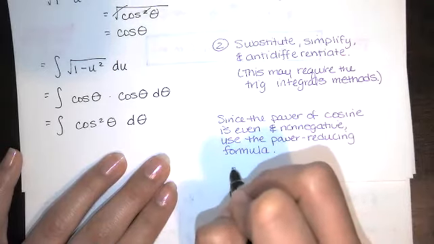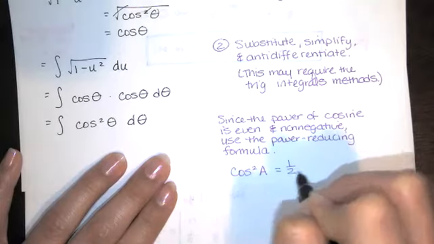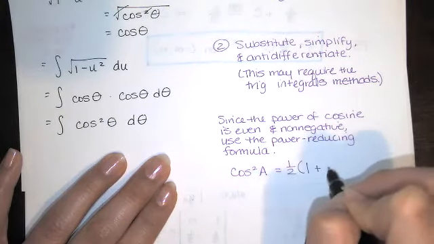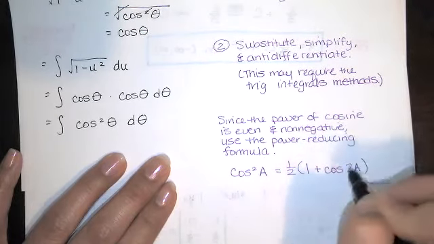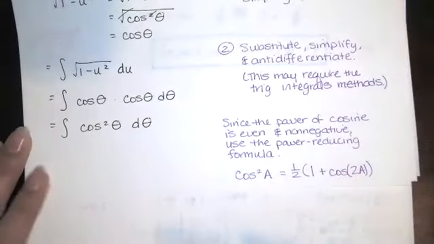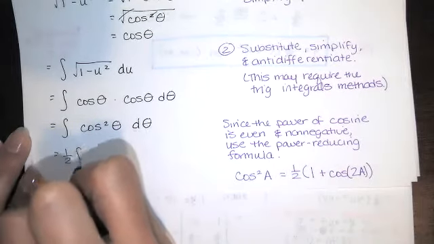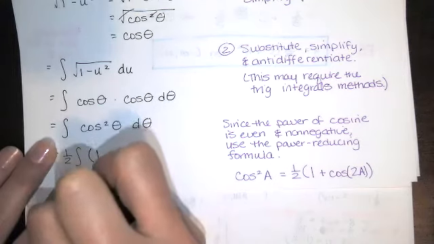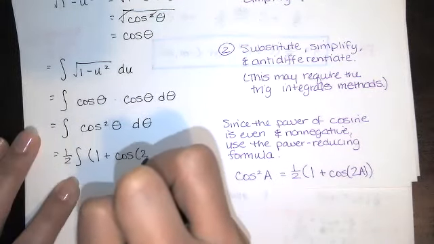So the power reducing formula says that if you've got cosine squared of some angle, that turns out to be 1/2 of 1 plus cosine of double the angle. So whatever that angle is, you need to multiply it by 2. So I'm going to take that 1/2 outside my integral. I'm replacing cosine squared with 1/2 of 1 plus cosine of 2 times the angle. My angle was theta.